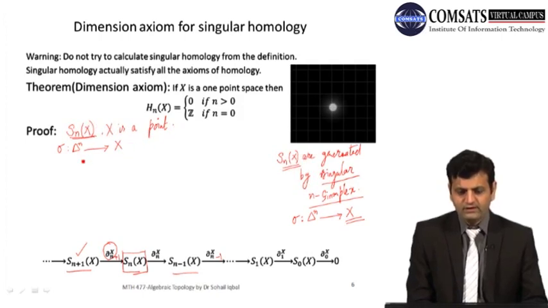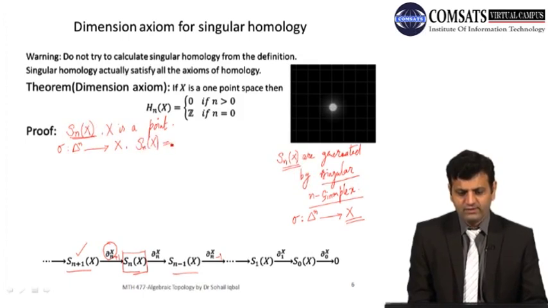So if we are trying to find a function from delta n to a space which has only one point, then of course you can see that there is only one possibility, and the possibility is that every point of the standard n simplex goes to the point. We don't have any other possibility. So in other words, there is only one singular n simplex when X is a point.